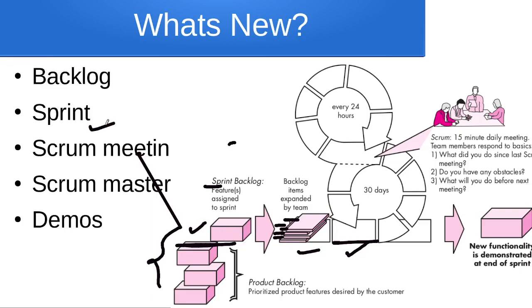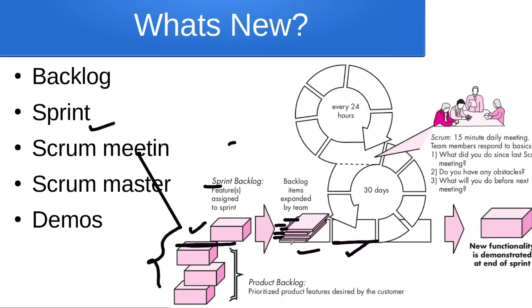Now, what is a sprint? Basically, it will be the work units, I should say. These are the tasks. So what is happening actually? These tasks will be completed within a time box.